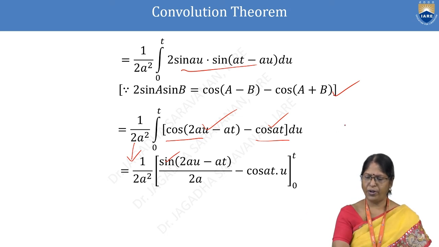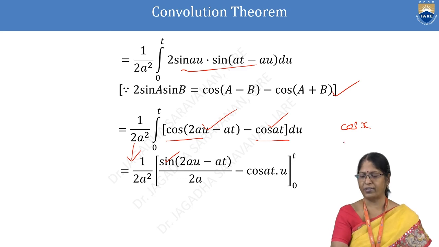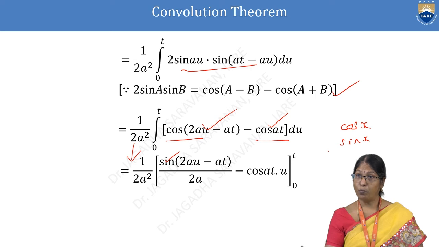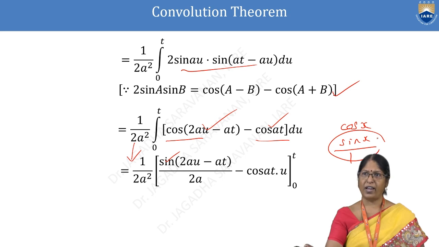Usually we know cos x, immediately we will tell the integral is sin x. Everybody will be telling cos x integral sin x. What about the x coefficient? X coefficient is 1, that is divided by 1. This we should not forget. Sin x by 1 equal to sin x.